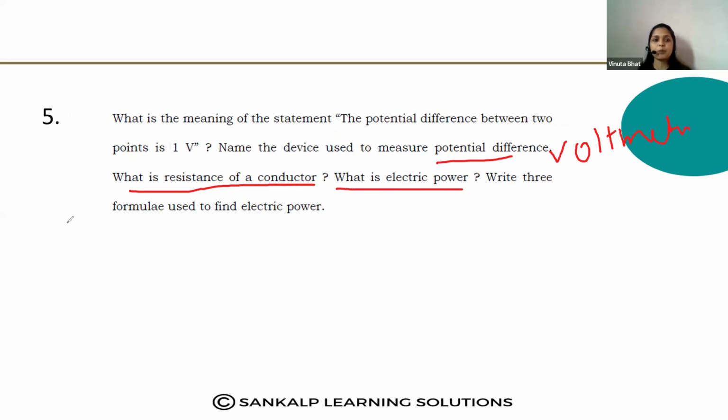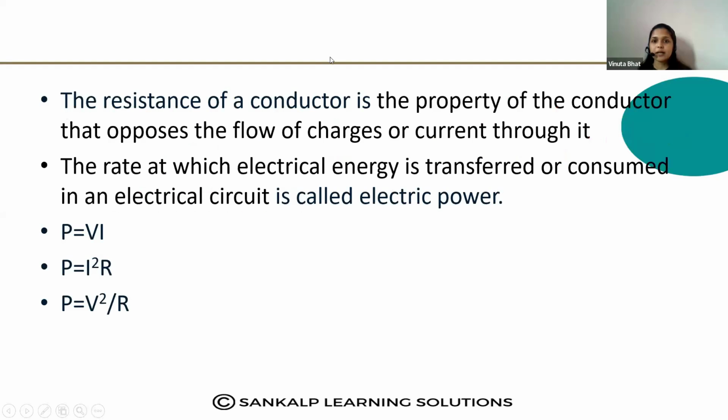And what is resistance of a conductor and what is electric power? The resistance of a conductor is the property of the conductor that opposes the flow of charges or current through it. It is the ability of the conductor to oppose the flow of electric charge through it.